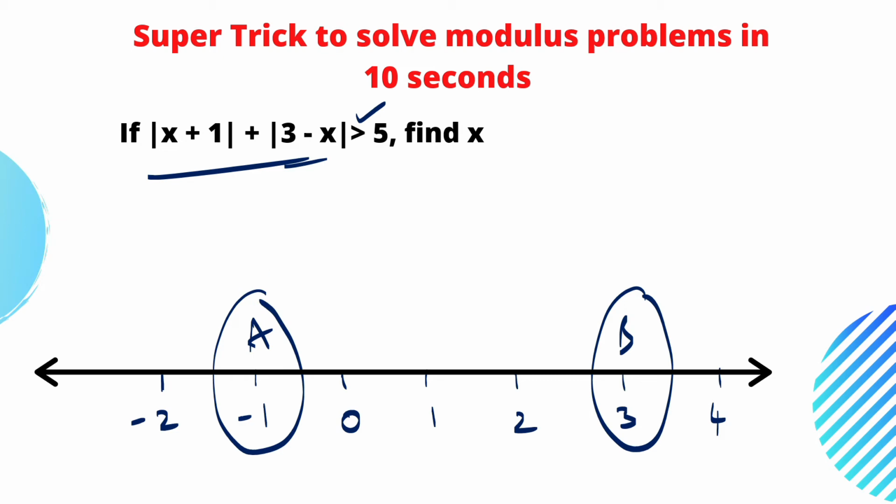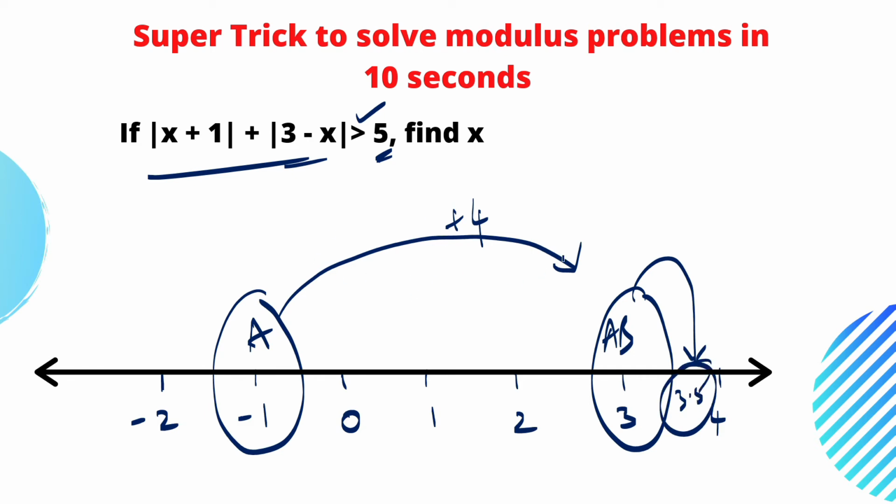So let us take the first case. A is traveling towards B. By the time A reaches B, it must have covered 4 units. Now 1 more unit to be covered in order to make it 5. So A and B together land at 3.5. If we consider the other case where B is moving towards A, by the time B reaches A, it must have covered 4 units, and now B and A land at minus 1.5.